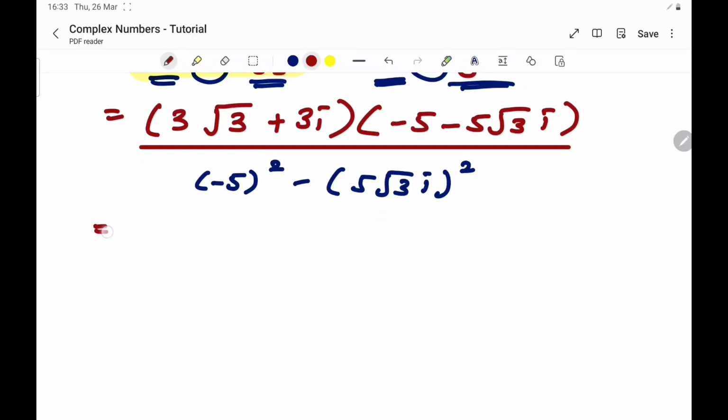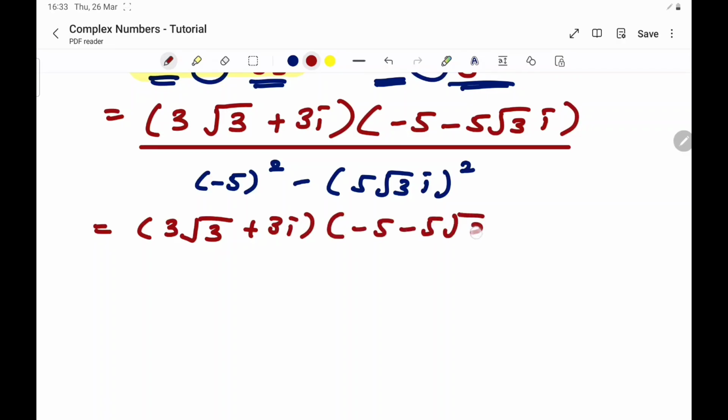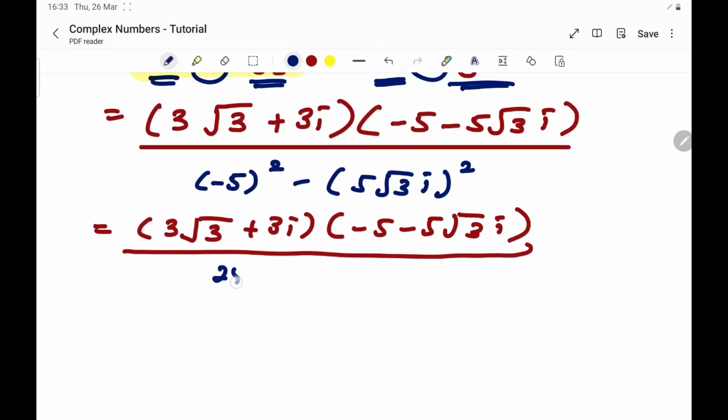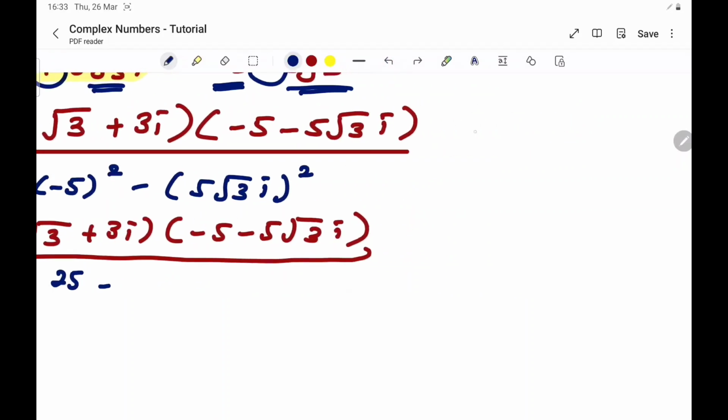You're going to get 3 square root 3 plus 3i over negative 5 minus 5 square root 3i. Negative 5 square, you're going to get 25, minus 5 square root 3i square.